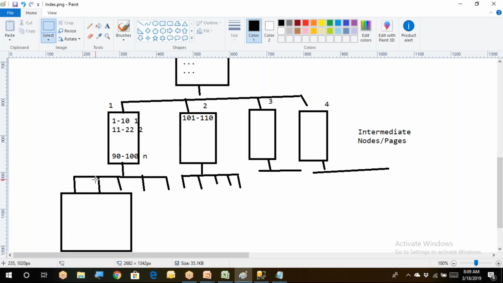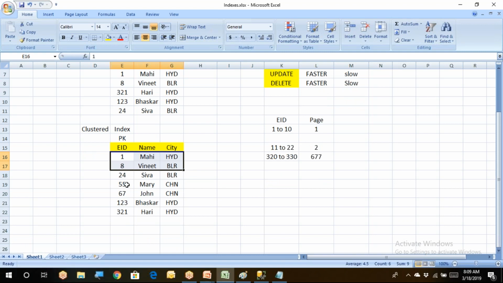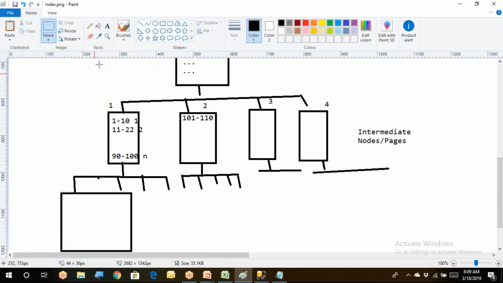Now let me delete this. How is the data? For example, in the first page, I should be able to organize 1 to 10 rows. I have data like this, 1, 2, 3, 4, continuously. This data will go to page number 1, so this data is going to be occupying and going here.